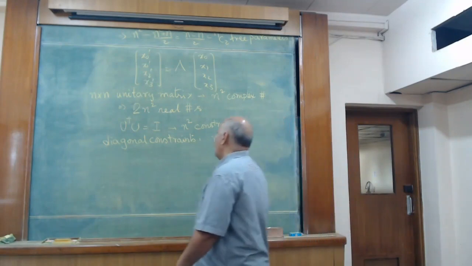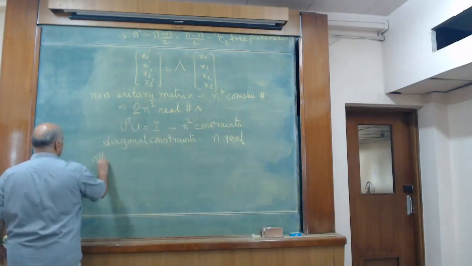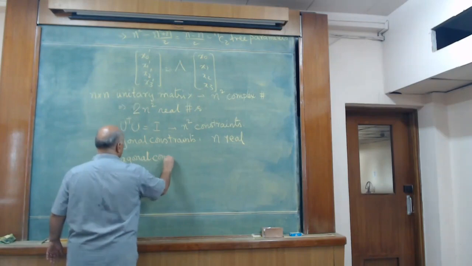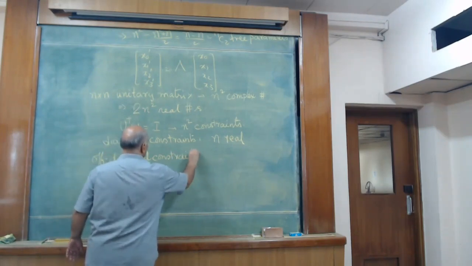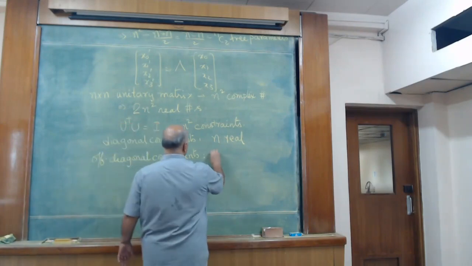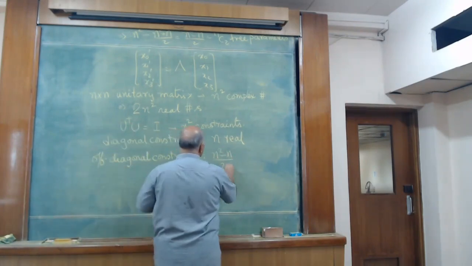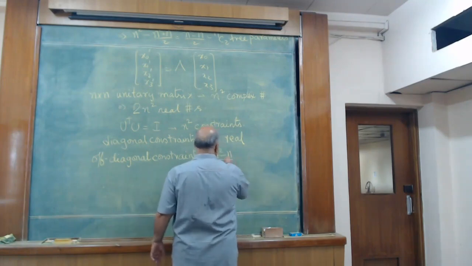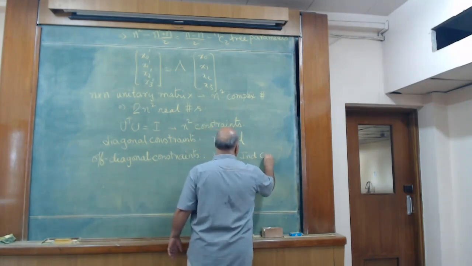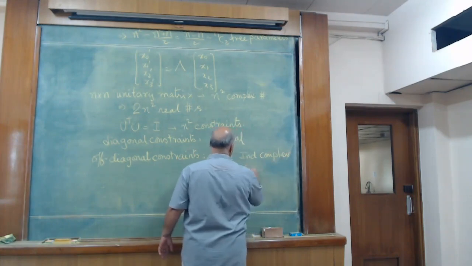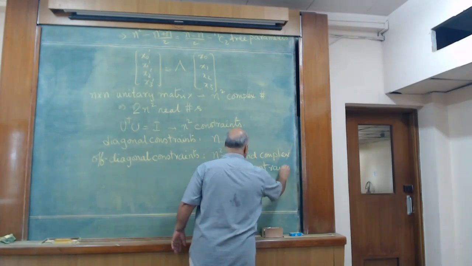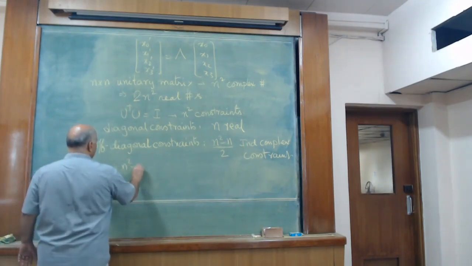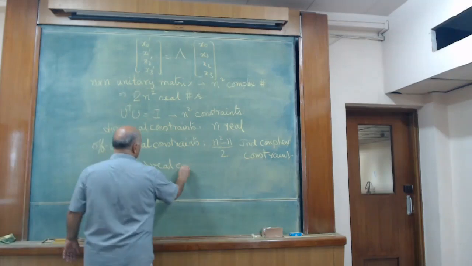So, off diagonal, I have n square minus n by 2 independent complex constraints, and each is equivalent to 2 real constraints, so that is equivalent to n square minus n real constraints.